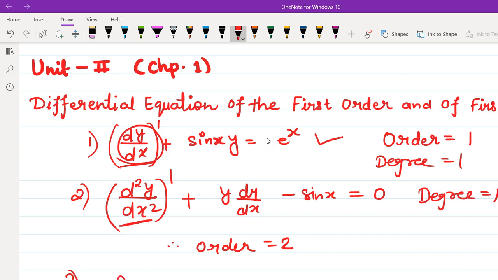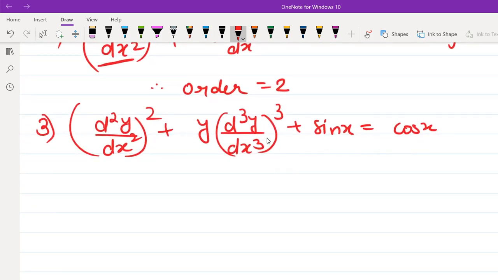Then, what will be the order and degree of this differential equation? Equals cos x. In this, you can see the highest order derivative present in the given differential equation is of order 3.